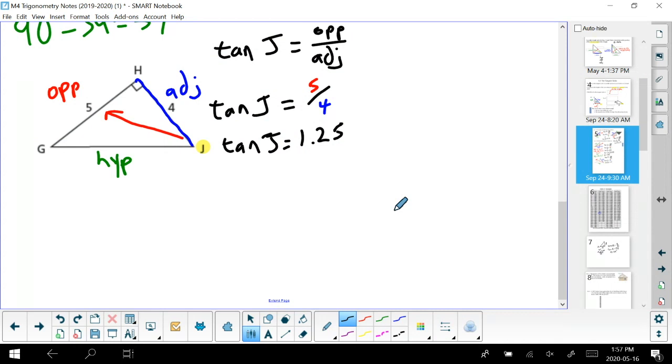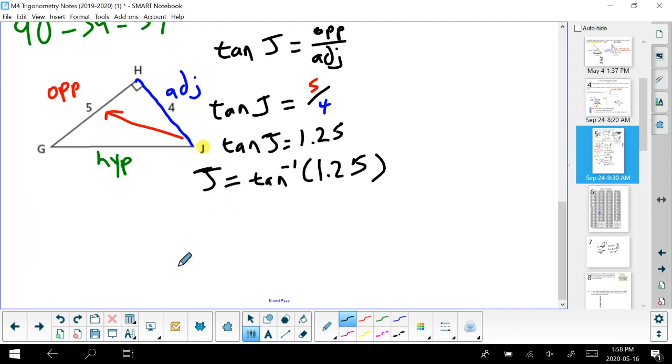Now, before we move on to our graphing calculator, let's write our last step. We want to get rid of this tangent here, so we would take the inverse tangent of both sides. So we'd have the inverse tangent of 1.25 equal to our angle J here.